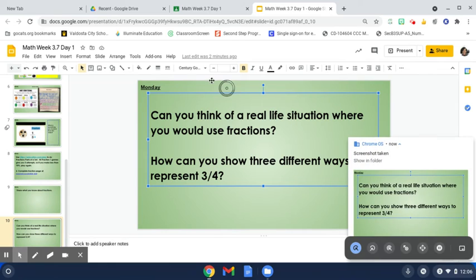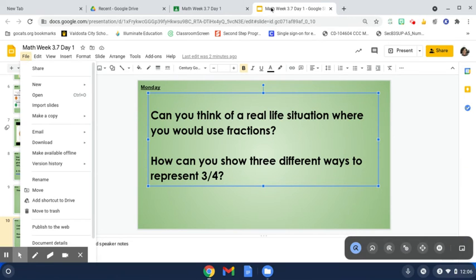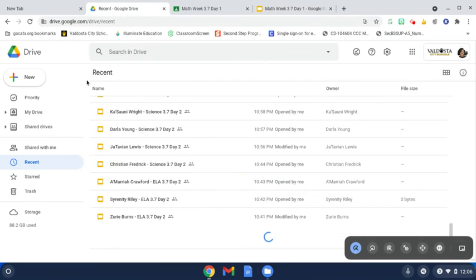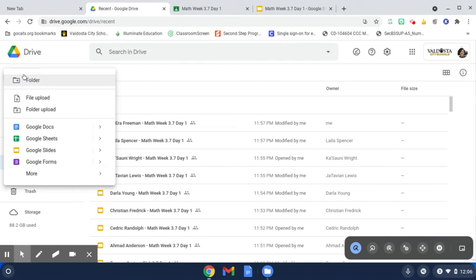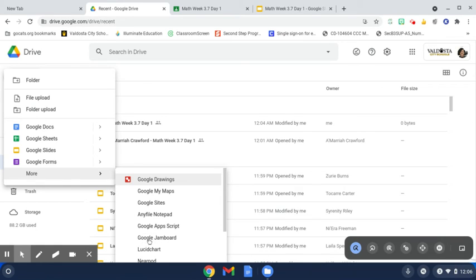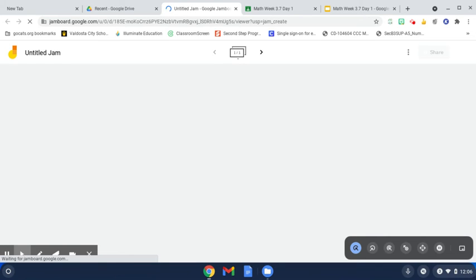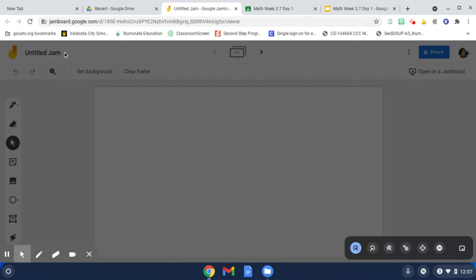Let me put it in a Jamboard real quick. Let's see, file, Jamboard, new. All right, there we go, and it's opening up. And this is Math Week 3.7.